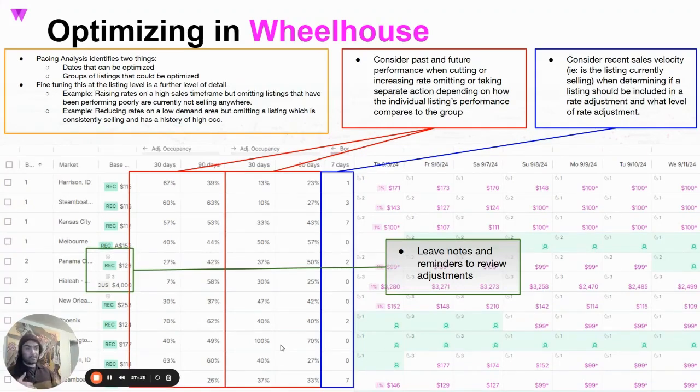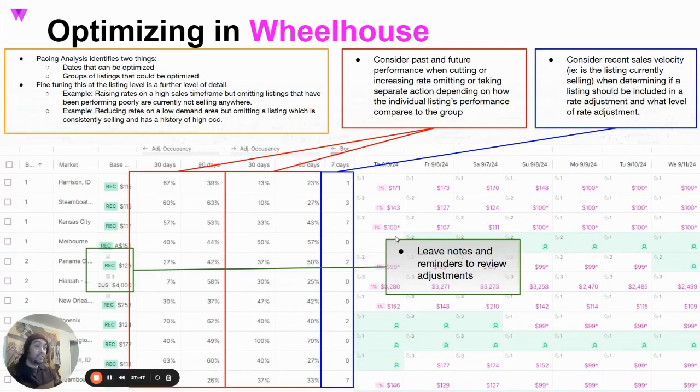Furthermore, I may even make an opposite decision. I'm going to raise everything else, but those ones I'm going to drop because they're just doing poorly and I want to get them booked. Using the portfolio KPIs, you can further fine tune what you identify at the group level and start getting an extremely granular revenue management tactical strategy without having to spend a million years trying to actually identify and calculate these opportunities.